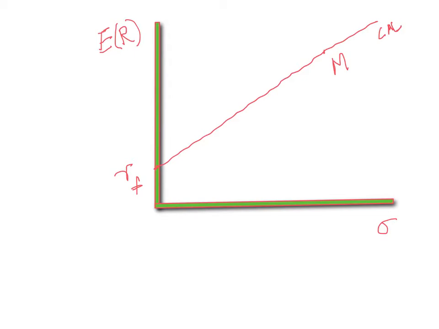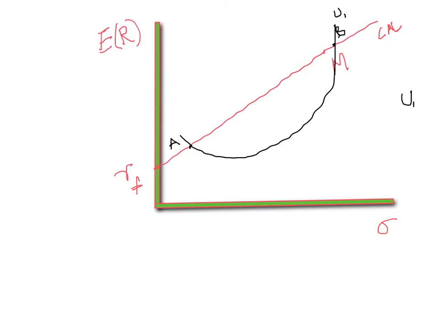And on this capital allocation line, we will superimpose the utility function. And the utility function may look something like this. And the utility function intersects on these points, say A and B. And the investor would realize a certain level of utility in this indifference curve.